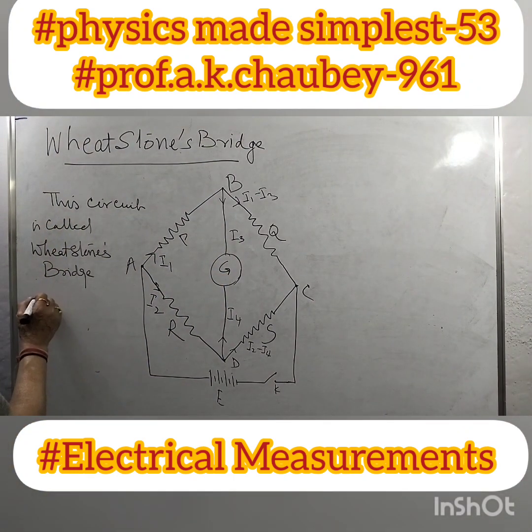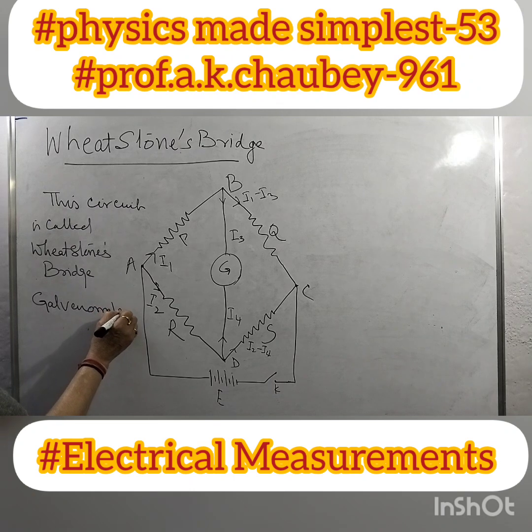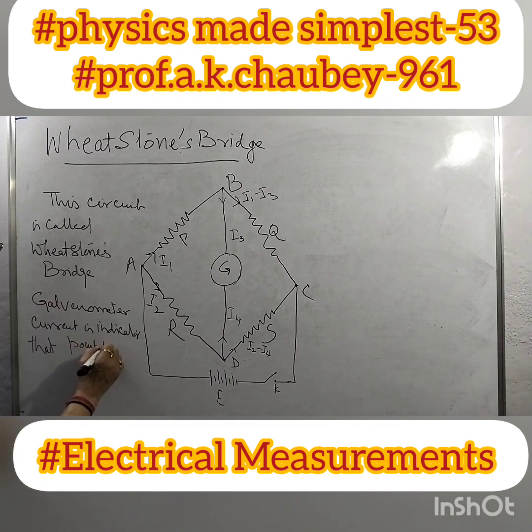So the galvanometer current is an indicator that points B and D are at different potentials.